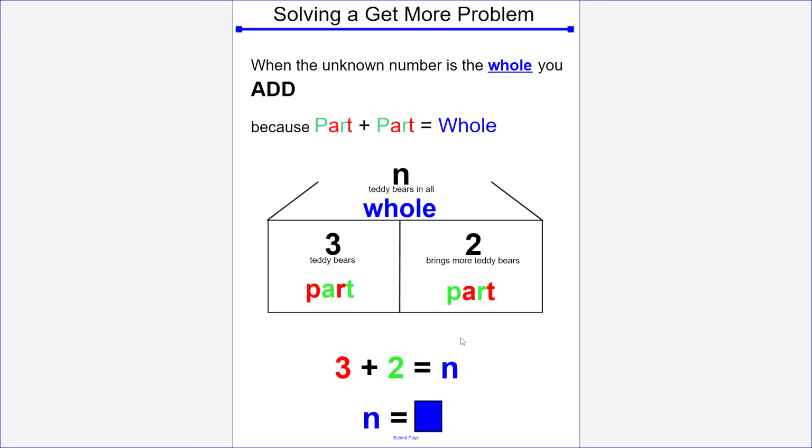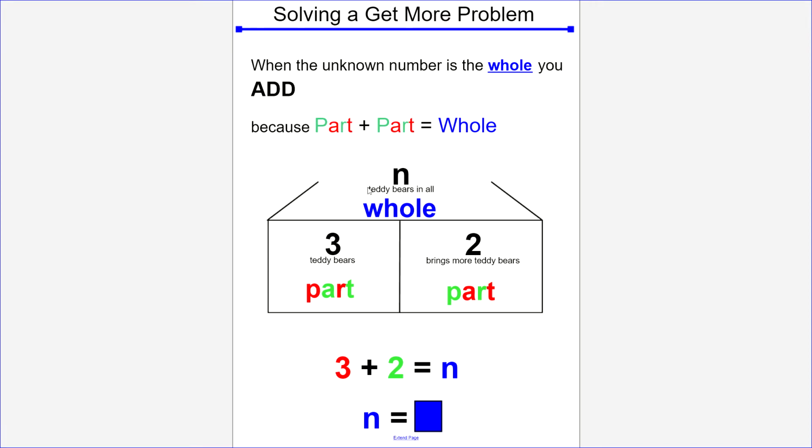Let's think about how we would solve this problem. When the unknown number is the whole, we have to add to find the answer. We can see that our unknown information, the n information, is teddy bears in all. We do not know the whole, so I need to add because part plus part equals whole.